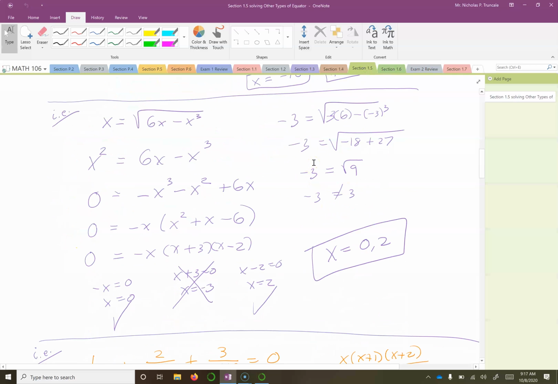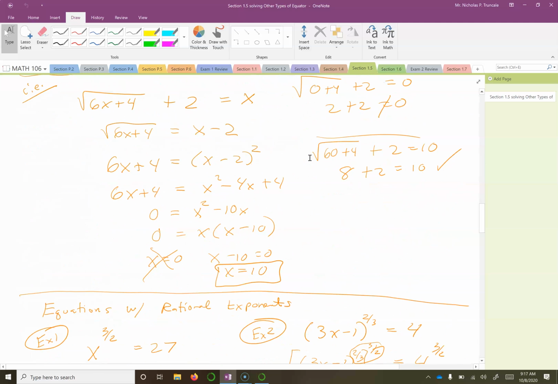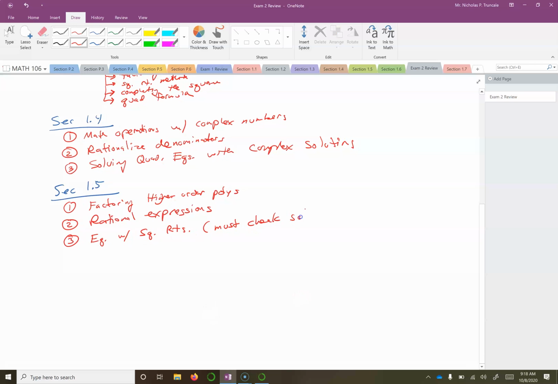So this is equations with square roots. Now with these ones, and I'll put in parentheses, must check solution. When you get your answers for equations with square roots, you absolutely have to check, because you could have what we call extraneous solutions that really aren't solutions to the equation.